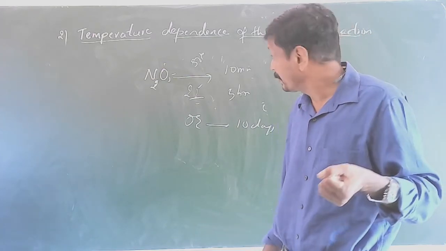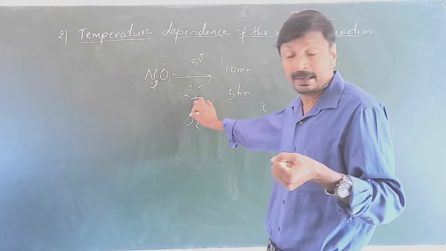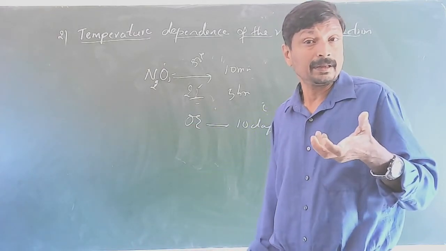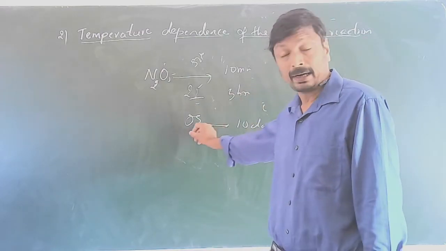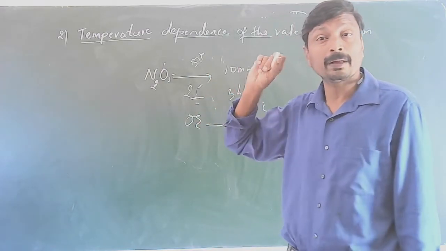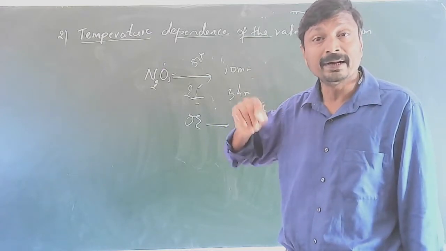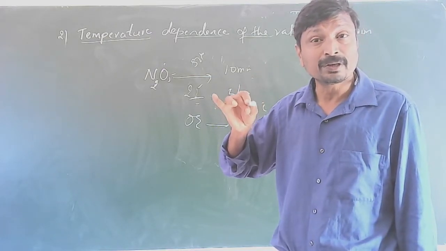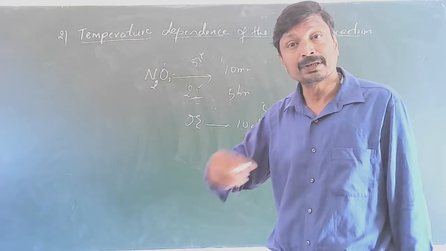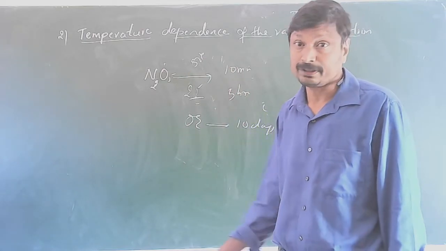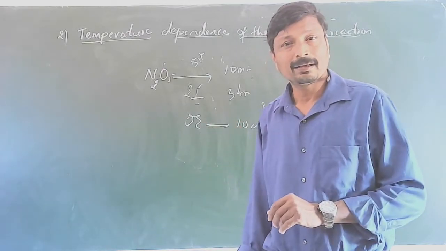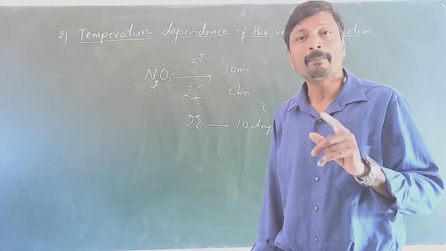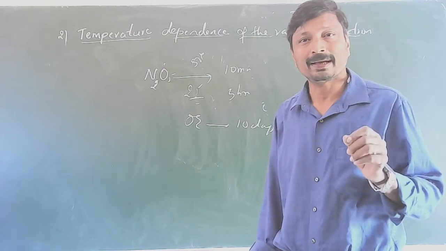At 25 degree centigrade, the half-life period is 5 hours. At 0 degree centigrade, half-life is 10 days. That means 10 days is required to reduce the concentration to half of its initial value at 0 degree centigrade. This shows the temperature effect on the rate of the reaction.